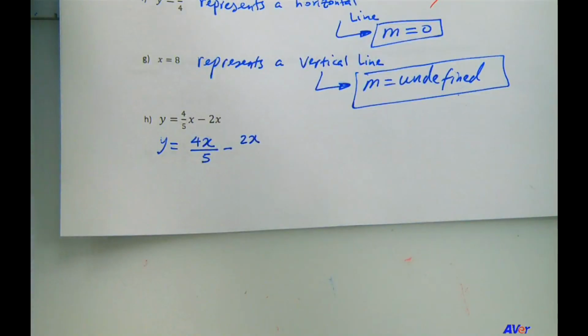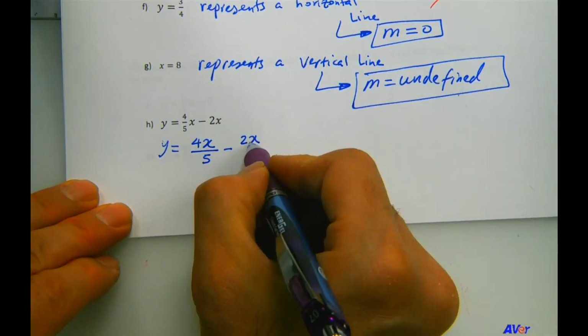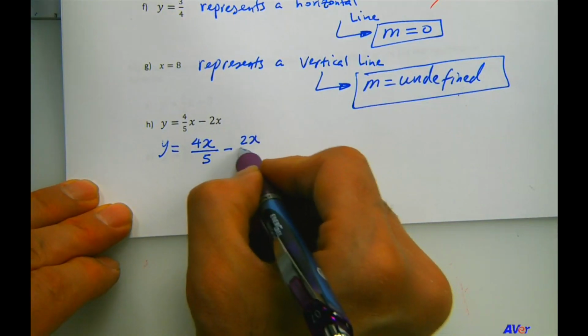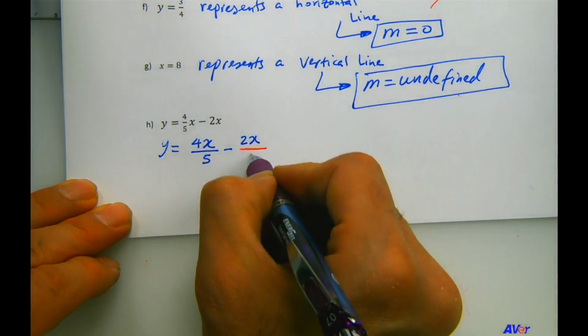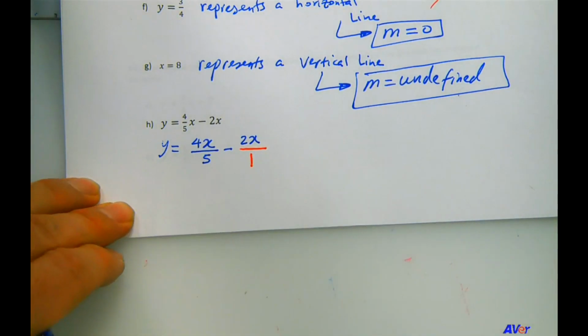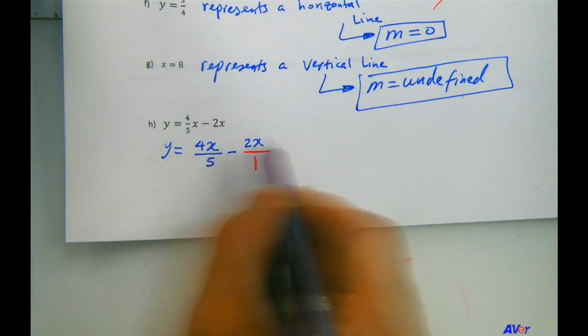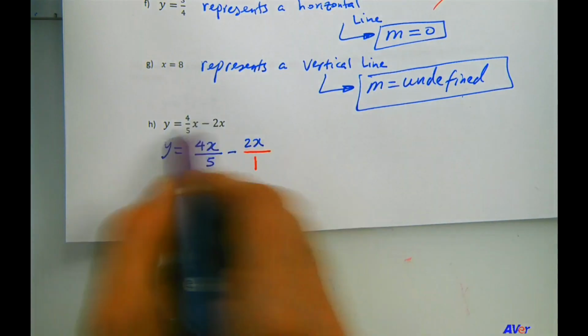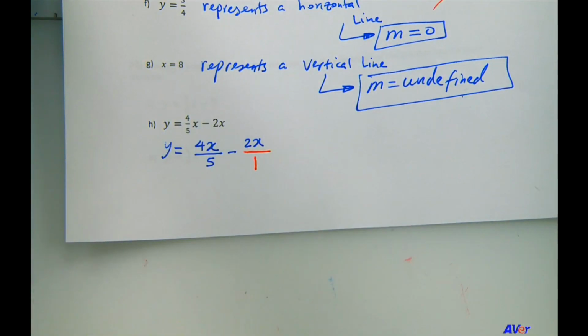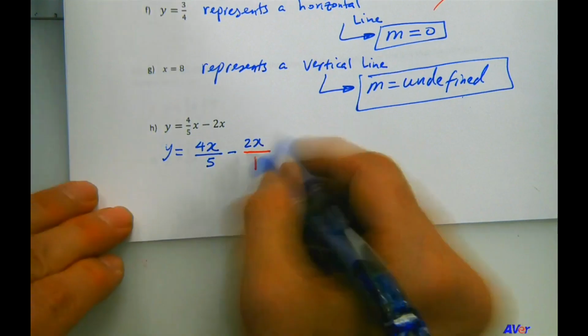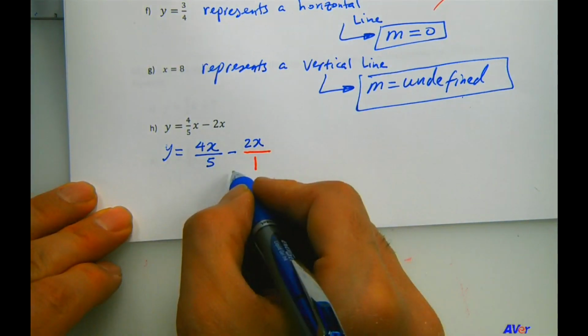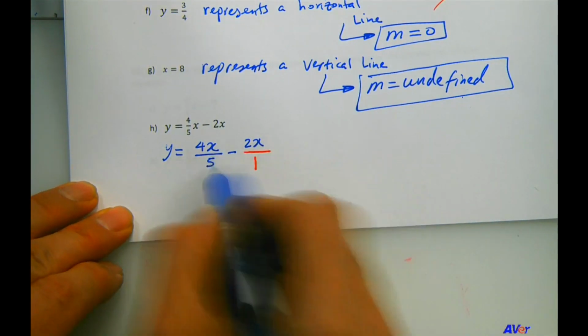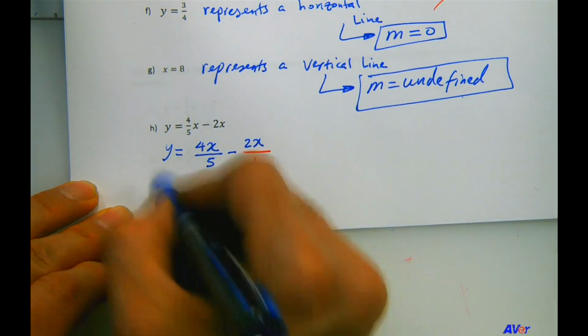right? So at this point, what is the denominator of the minus 2x term? It is equal to 1, right? So to combine these two x terms, they're both x terms, so we need to combine them. We need to have a common denominator. Okay, so what would be the common denominator?